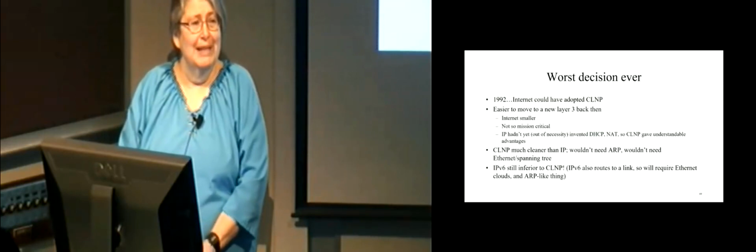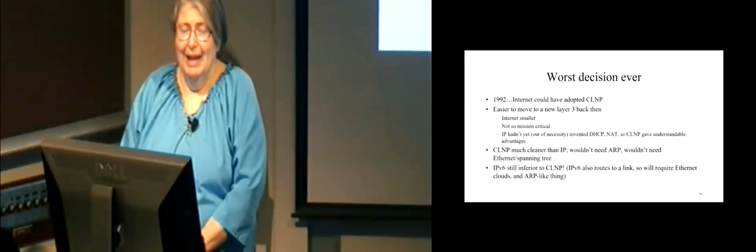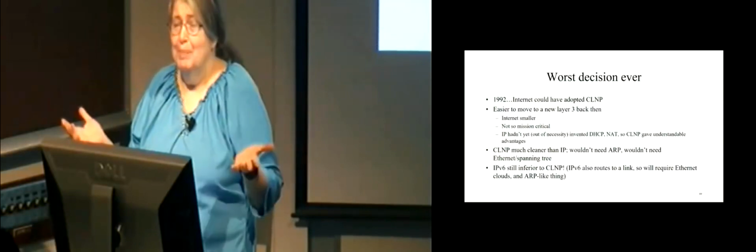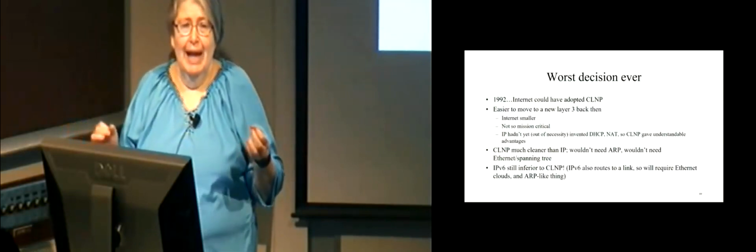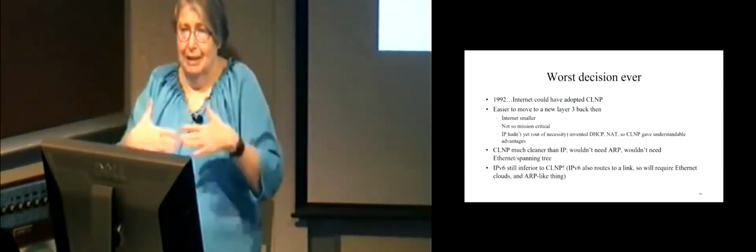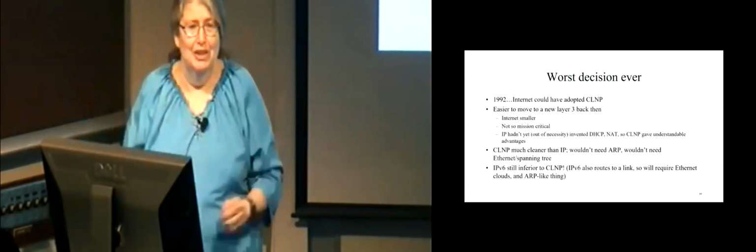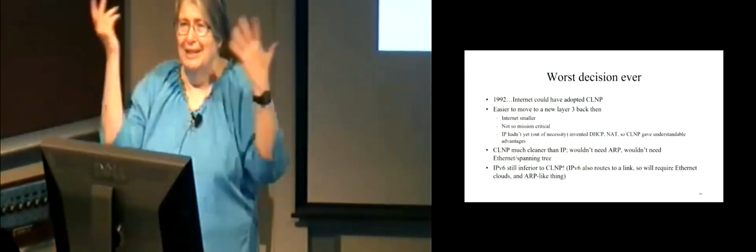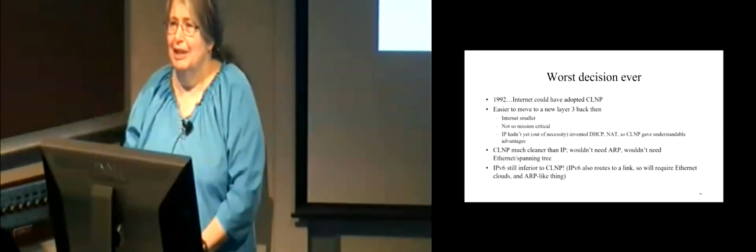Hey, why don't we replace it with CLNP? And at that point in history, all of the vendors had implemented it. And somebody spent a month showing how to run TCP on top of CLNP, which meant all of the internet applications worked. In 92, the internet was not a big thing. It was just a kind of researchy thing.